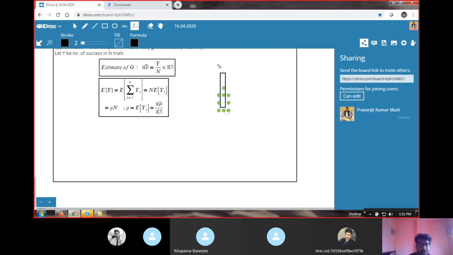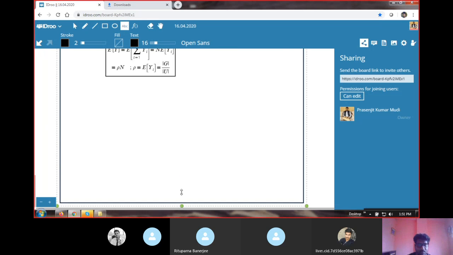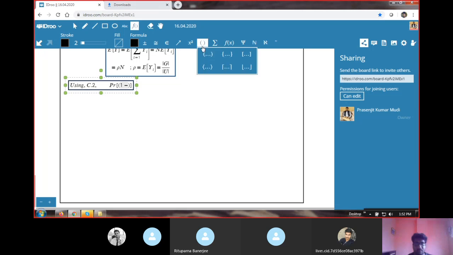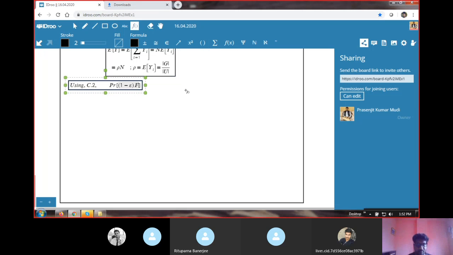Okay, so now using condition 2, what we have is the probability of g hat lying within one plus or minus epsilon of g, the approximate version.